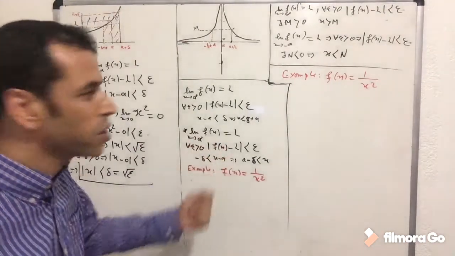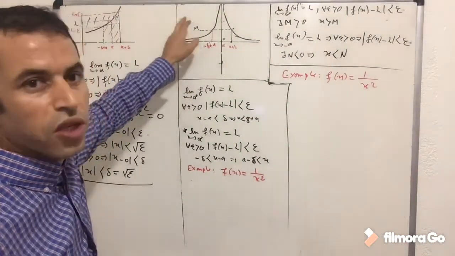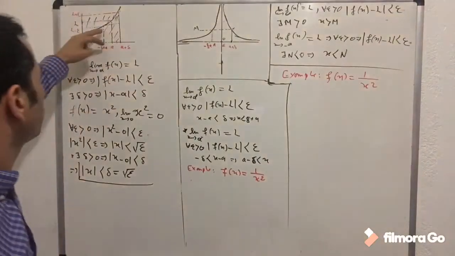Let's move on to the next example and the next function. Okay, let's make the difference between the first function and second function. The first function is a continuous increasing function.